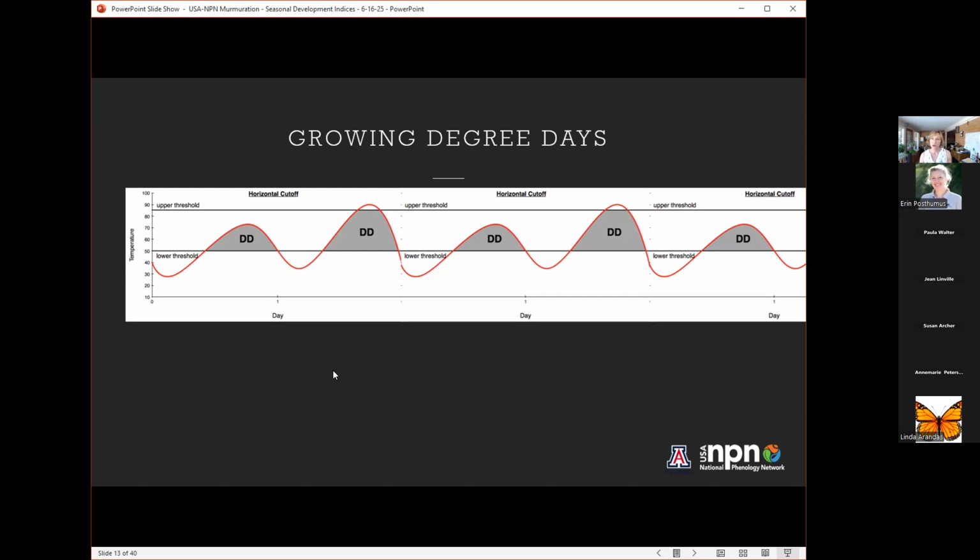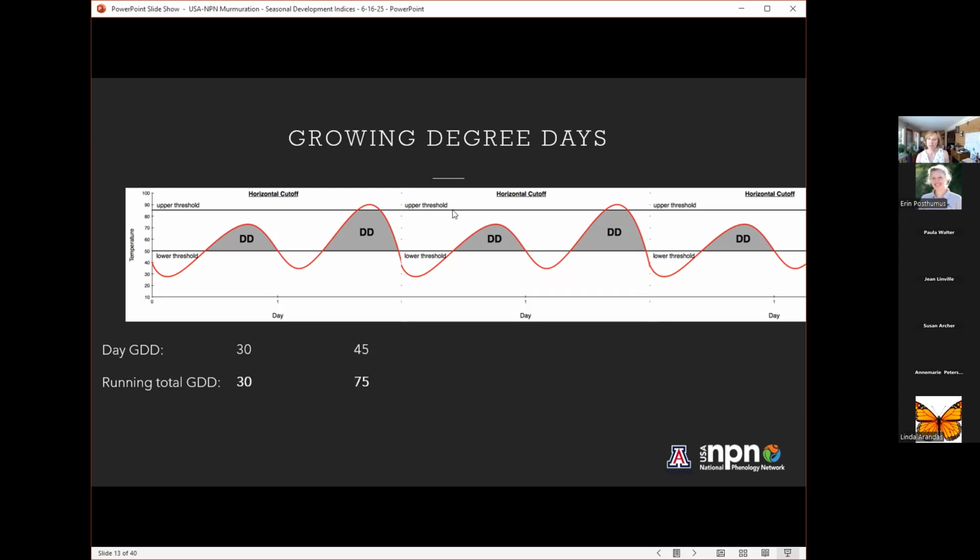And so how growing degree days work is that there's a really simple calculation that you invoke to figure out the area under that curve, meaning how many thermal units you accumulated on that particular day. In this day, I estimated that it was about 30 based on the y-axis here. If this is the first day that we achieved any growing degree days at all in that year, then our running total is just 30.